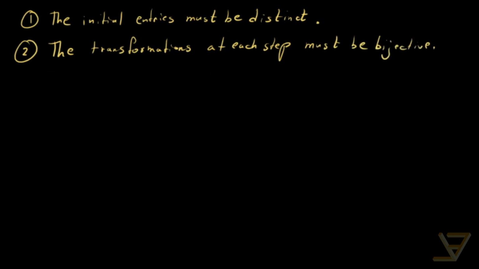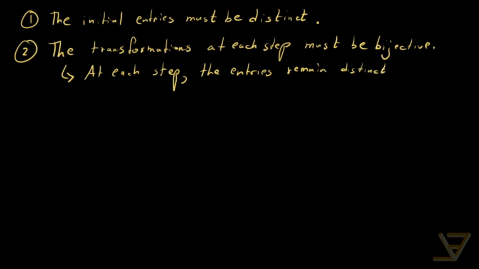What the second condition ensures is that at each step the entries remain distinct. And if you're familiar with bijective functions, that should be clear.